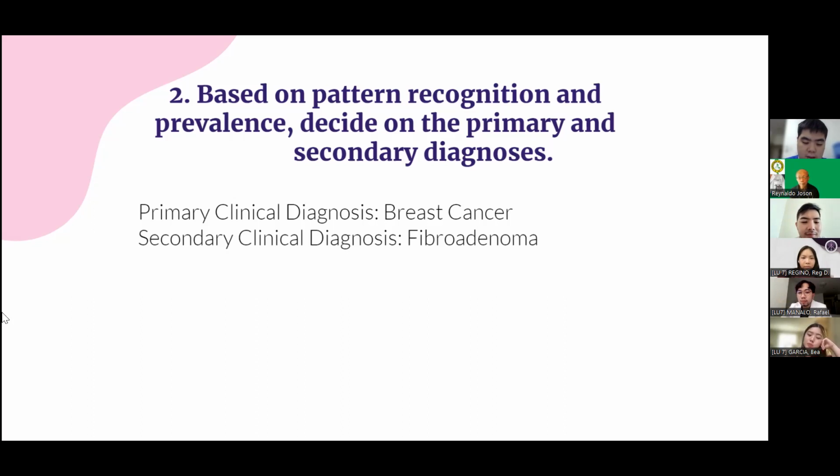Okay. So just try your best to come out with a secondary diagnosis, but you must have some logical basis. At least may konting malapit sa tamang sagot, no? Okay? So pattern of a particular disease that is not breast cancer for your secondary, no?